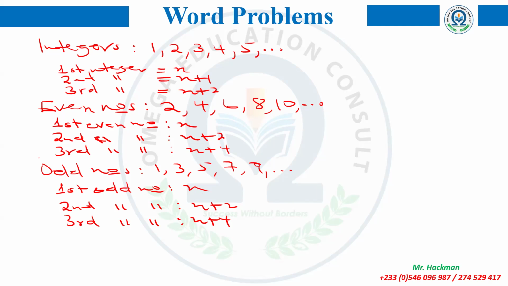Okay, so you know that if you know one odd number, if you want to get the next odd number, you add 2 to it because the difference is 4. So the difference is 2, forgive me. If you pick 4 as your first even number, if I want to get the next even number, I have to add 2, because the differences will be 2. So if the even number that I know is a general even number and I'm picking that as x, then the next even number will be x plus 2.